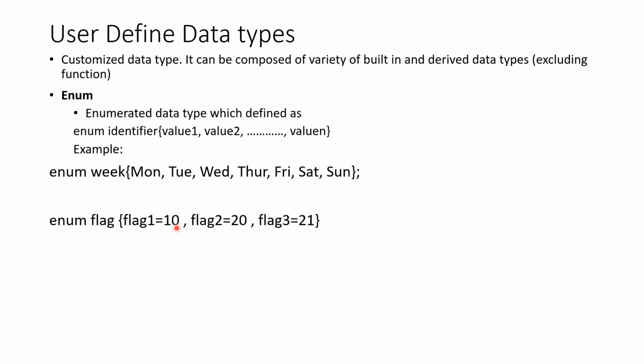Here I am actually specifying the integer value you have to assign for the first flag. What is the integer value for the next flag? 2, and this is the value for flag 3. But where you are not specifying anything, by default it starts from 0 and is incremented by 1. So Monday gets 0, Tuesday gets 1, Wednesday gets 2, and like that it will be incremented by 1 up to Sunday.